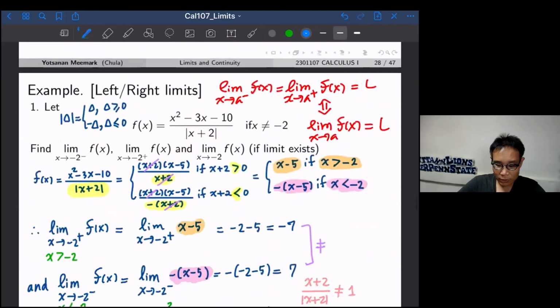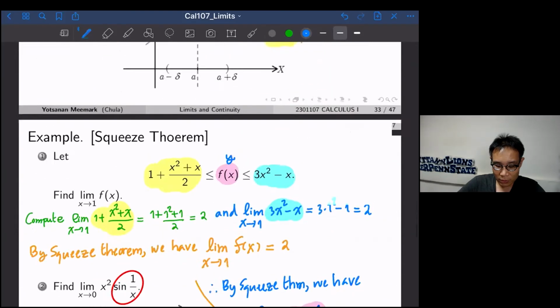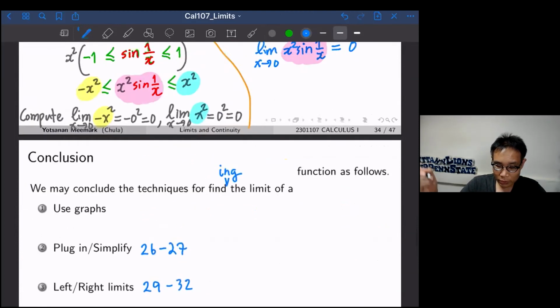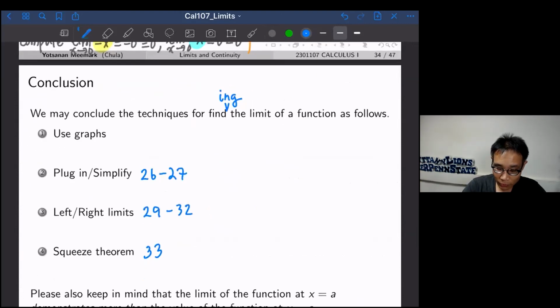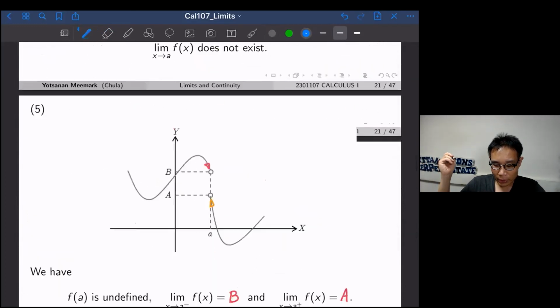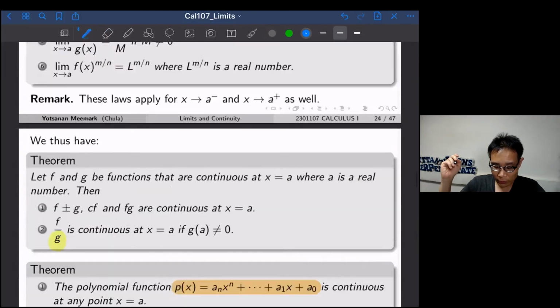And left right limit is 33 to 34. And use graph is going to be on page 23.